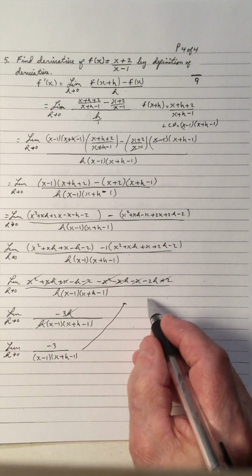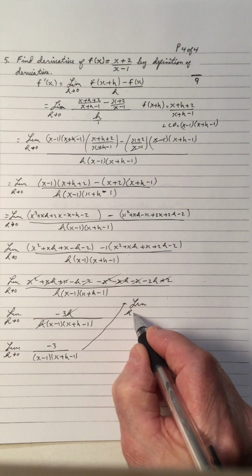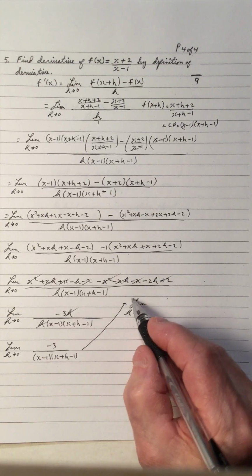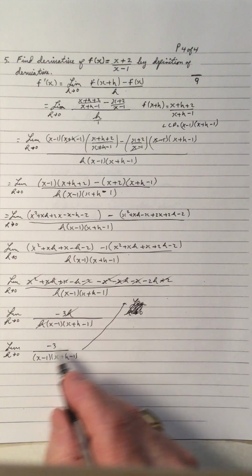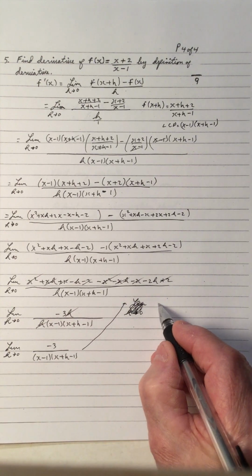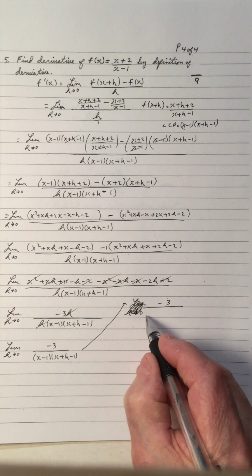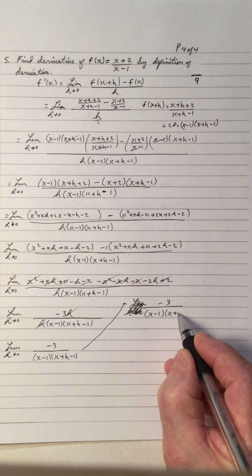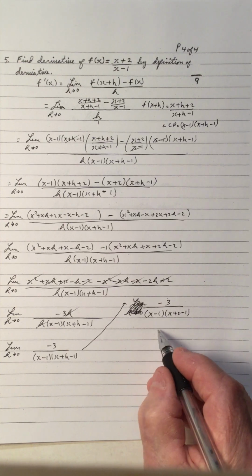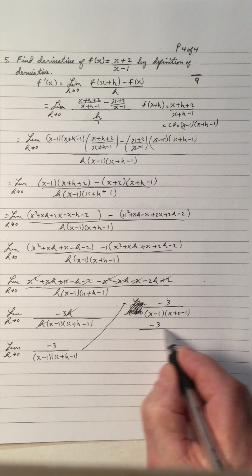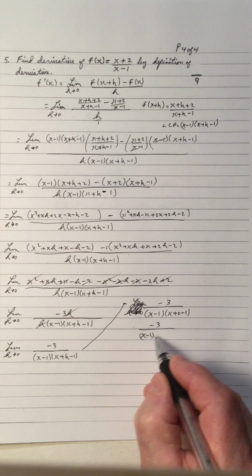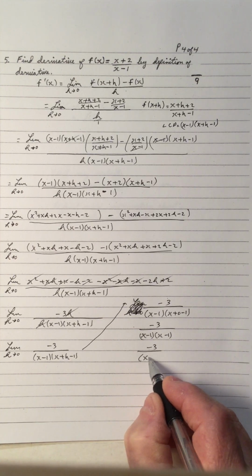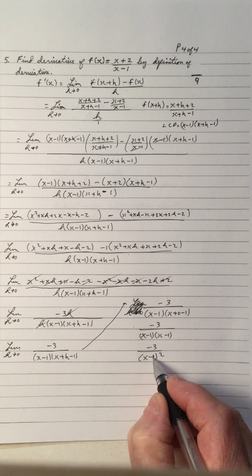And let's go up right here. So that's the limit as h approaches 0. And so now that I have this done, I wrote it down, but now h is approaching 0, so I get a negative 3 all over x minus 1, x plus 0 minus 1, and that comes out to be negative 3 all over x minus 1, x minus 1, which is a negative 3 over x minus 1 squared.